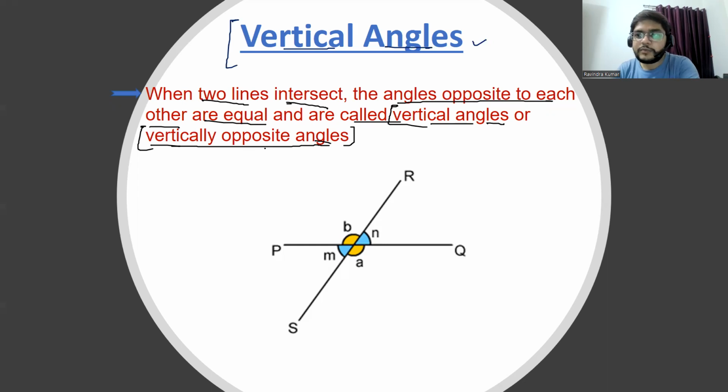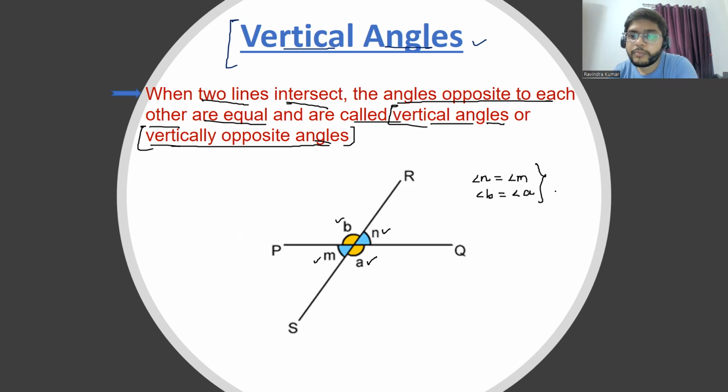Now, let's come to the figure. Let's find out which angles here are vertically opposite angles. So you can say clearly from here, angle N is opposite to angle M, so angle N is equal to angle M, right? And from here, angle B is just opposite to angle A. So angle B is equal to angle A. Why?